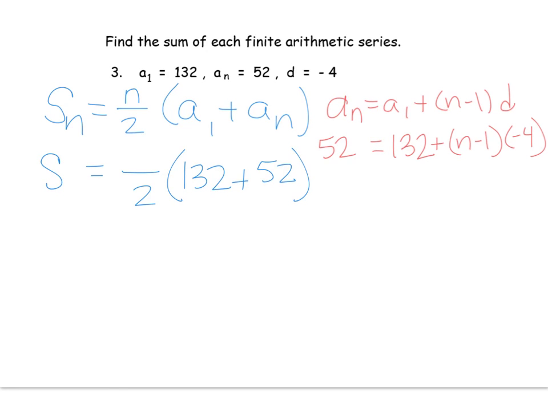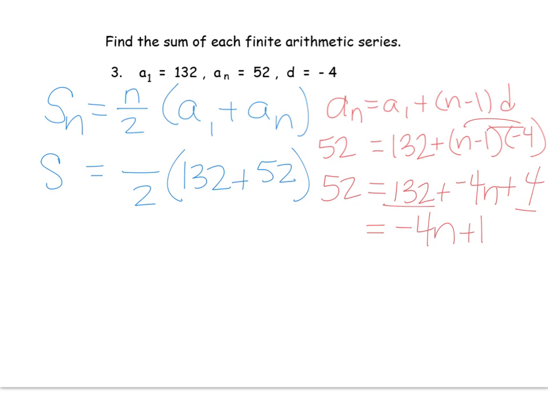And now we see why that was so important last week. So just bring down the 52, bring down 132, we're going to distribute the -4. So I get plus -4N. -4 times -1 is +4. I'm going to put my -4N in the front, and 132 plus 4 combine to be 136.